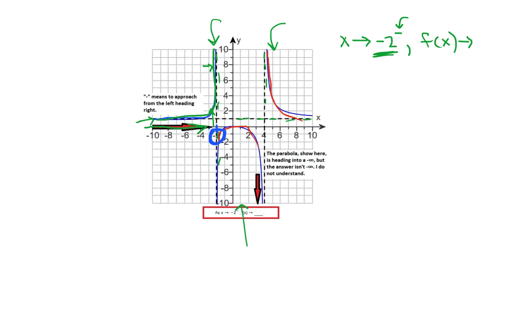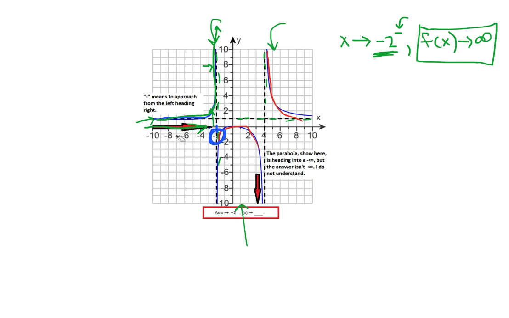And the tail of that graph is going up and up and up, which means that it's approaching positive infinity. So our answer is actually positive infinity. f of x keeps approaching positive infinity.